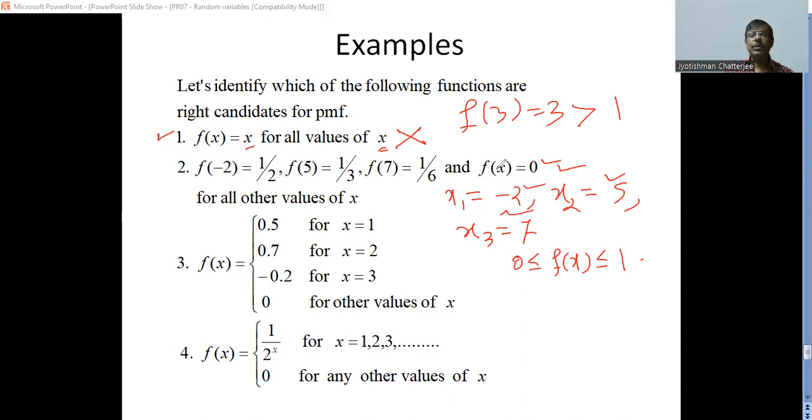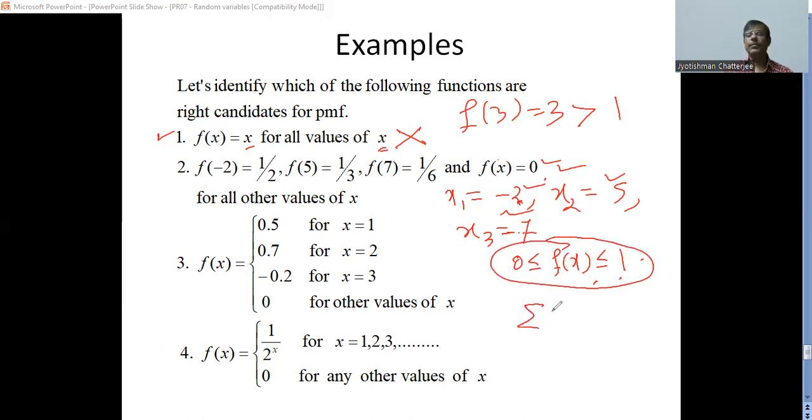When small x is one of these 3 values, -2, 5, or 7, then the f values satisfy this. When x is not one of these 3 values, then of course it is 0, then also it is satisfied. So no matter what is the value of x, this condition is satisfied.